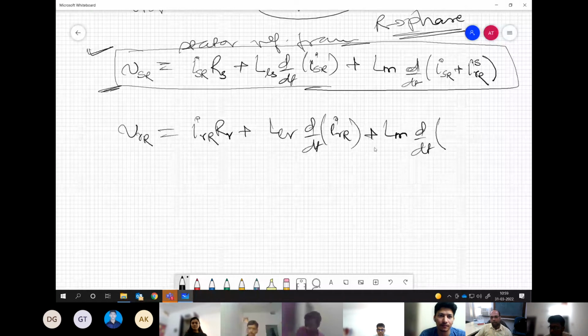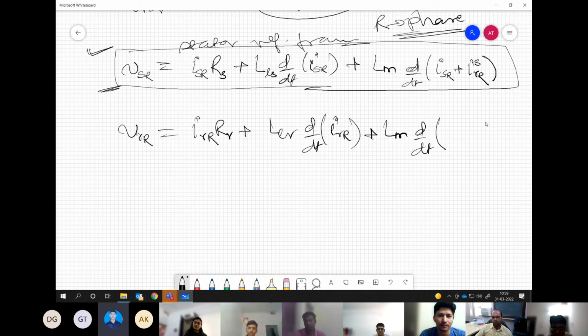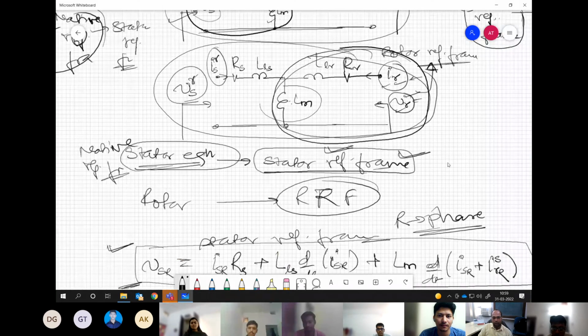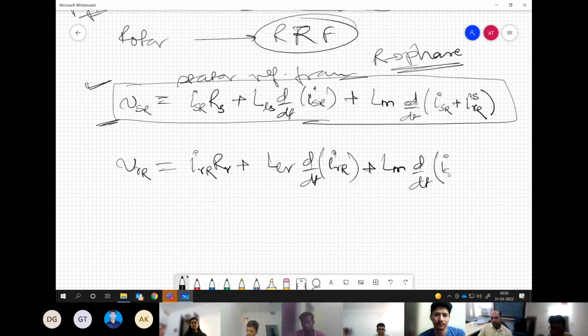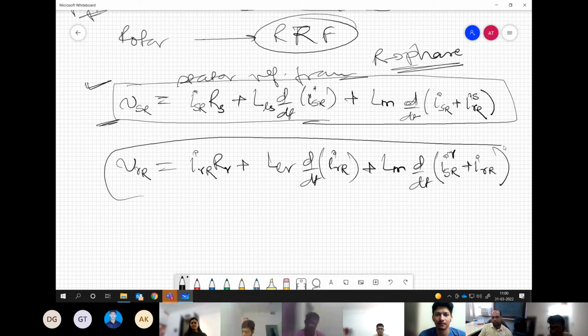Again, now both the currents would enter in this magnetizing branch also. Correct? Right? So that is why both the currents should be mentioned with this LM branch, the magnetizing branch. So what this will be? This will be ISR, but in the rotor reference frame, because we are writing rotor equation, and then IRR as it is without any superscript.